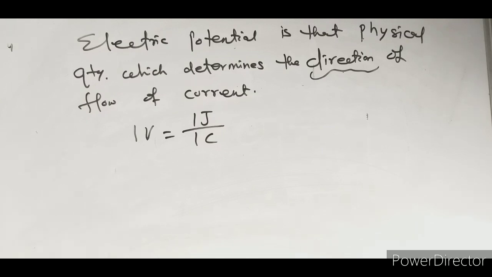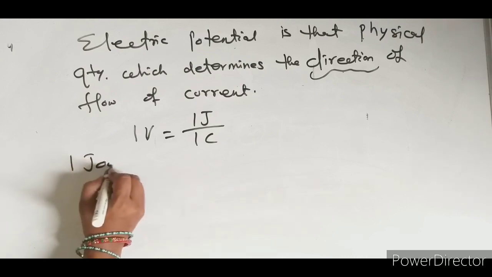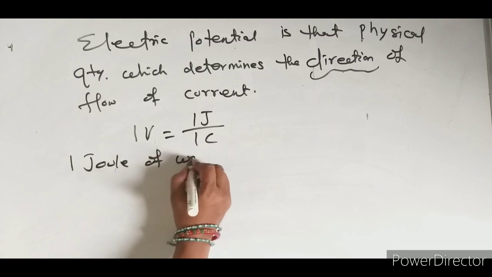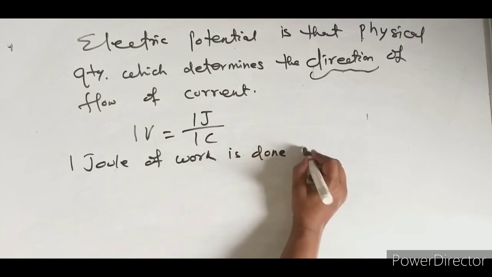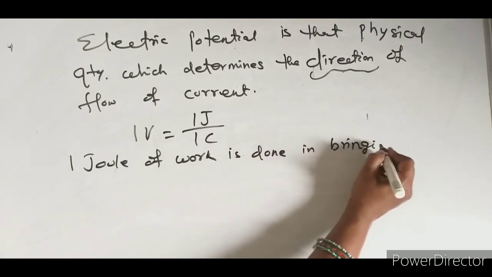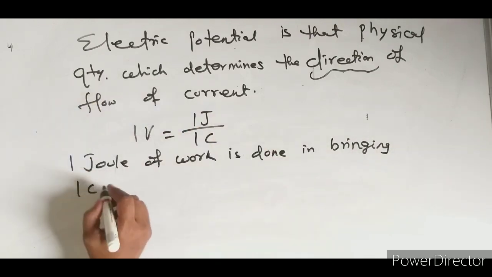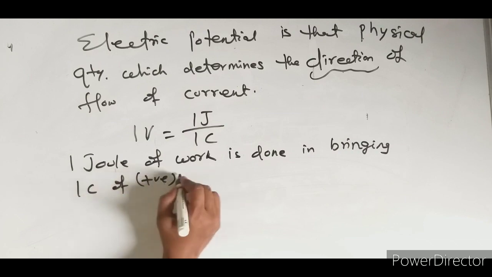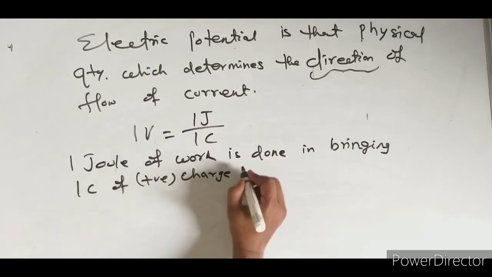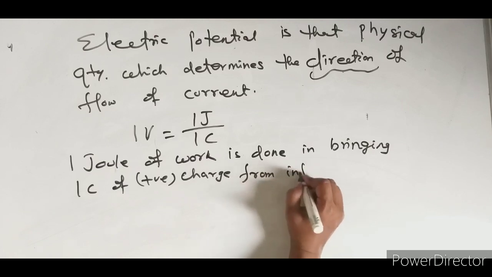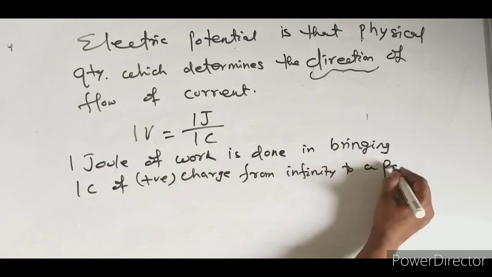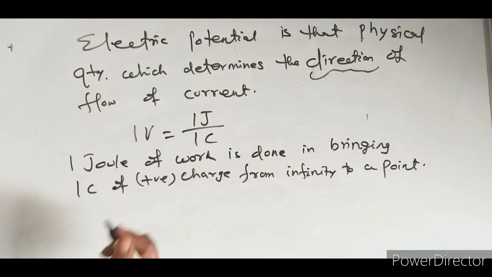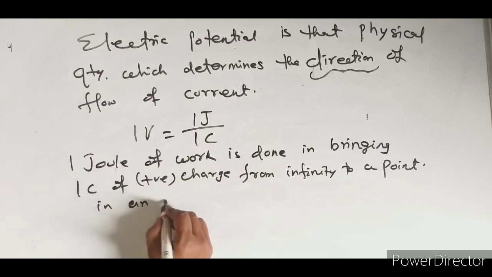So what we can write here? 1 joule of work is done in bringing 1 coulomb of positive charge from infinity to a point in an electric field.